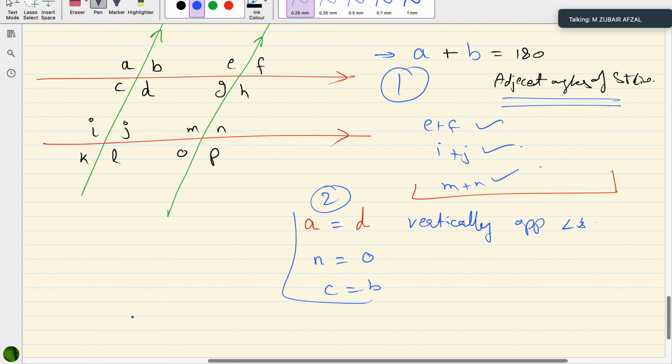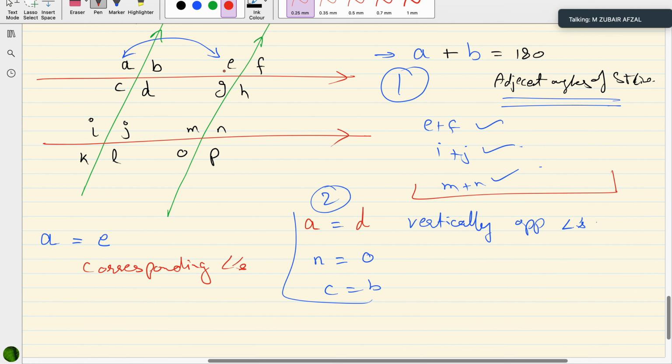This is the second name. If I write A and I write E, what can you say about A and E? They are also equal. And what name do we give them? They're named as corresponding angles.